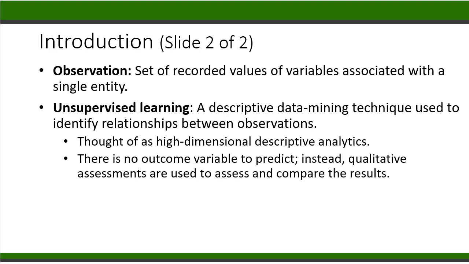Some terms that you should be familiar with is something called an observation. An observation is just some recorded values for variables that are associated with a single entity. If you've ever seen a database, that database is arranged in tables. Each table is an entity.